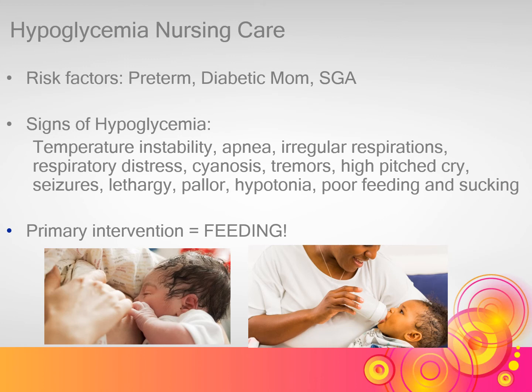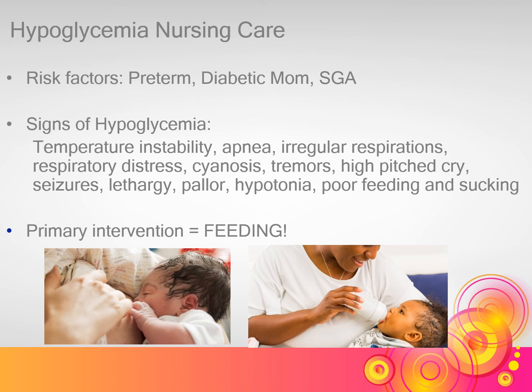Okay. Hypoglycemia nursing care. So our babies that are at risk for hypoglycemia are our preterm babies, babies of diabetic moms, and our small for gestational age babies. Signs of hypoglycemia in your newborn.